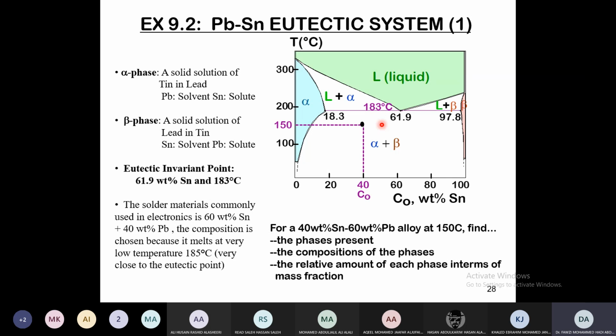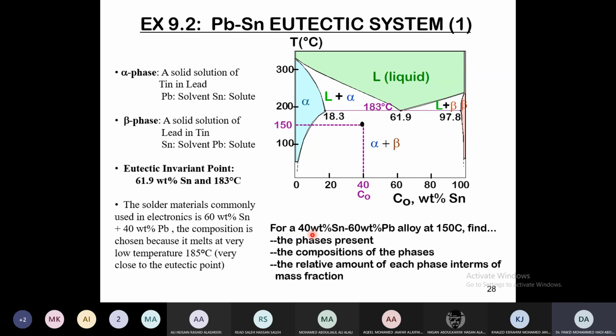How many phases will be there? What the phases are? What is the composition of each phase? And what is the proportion, the weight fraction of each phase available at that condition? So we can just have a start point practice here.